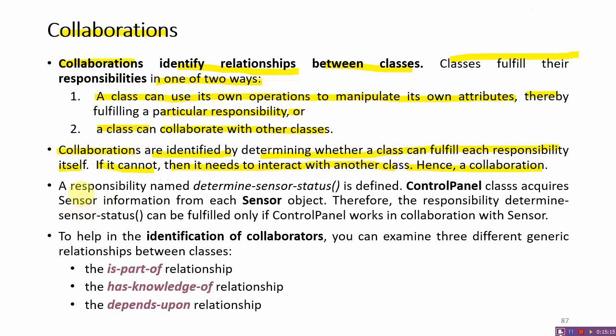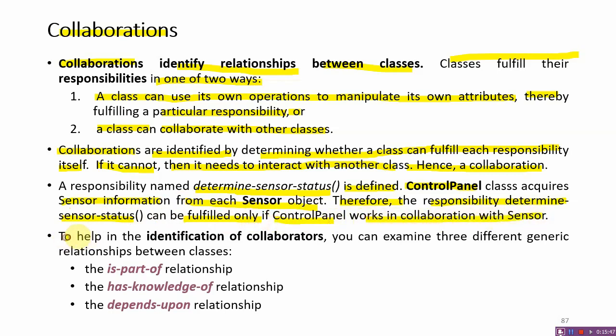A responsibility named determine sensor status in the SafeHome system is defined. So the control panel class acquires sensor information from each sensor object. Therefore, the responsibility determine sensor status can be fulfilled only if the control panel works in collaboration with the sensor class.